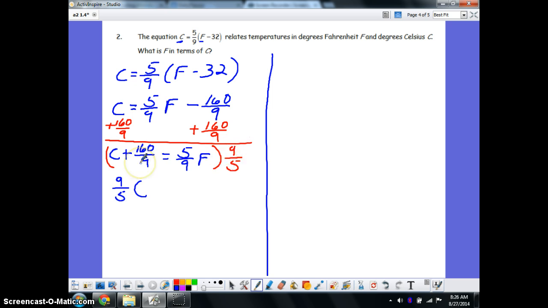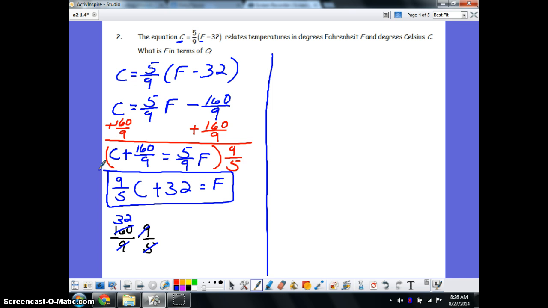The 9's cancel, and 160 and 5 have a greatest common factor of 5. 5 goes into 160 32 times. So we have plus 32 is equal to F.